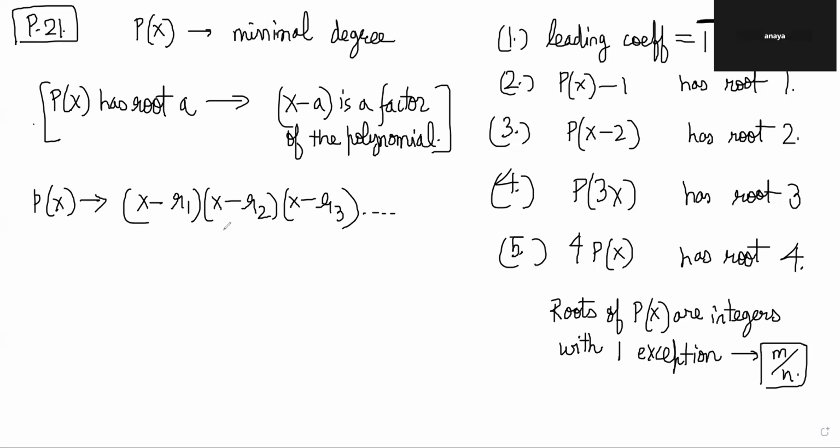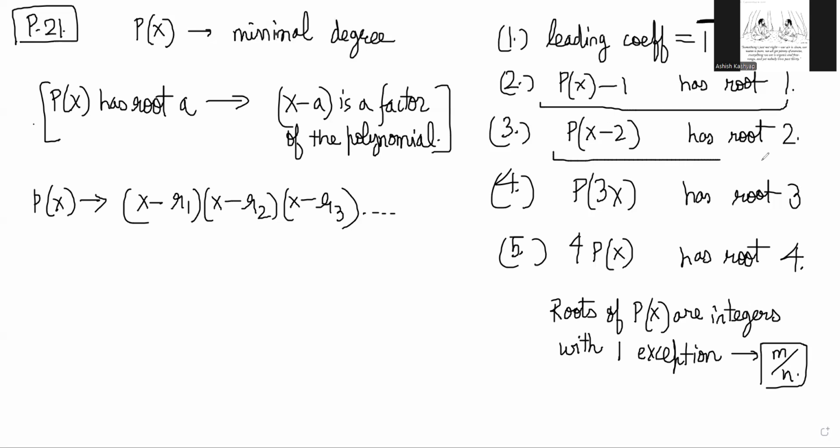If you multiply it out, you will get your polynomial, right? Now what can we know from all this information? That is what we have to write down.